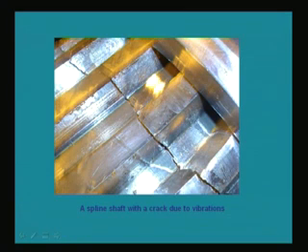You can see that in that spline shaft, these cracks have developed. These are through cracks, you can see. These kinds of failures we are able to detect by measuring the vibration outside the casing of the gearbox.